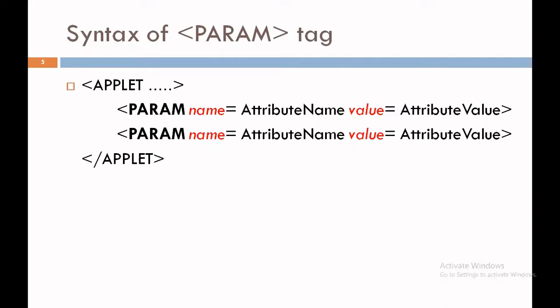Name is nothing but the name of the attribute, or we can say the name of the variable, and the same for value, which is the value of the variable or the value of the attribute. Param tags must be declared within the opening of the applet tag and the closing of the applet tag.